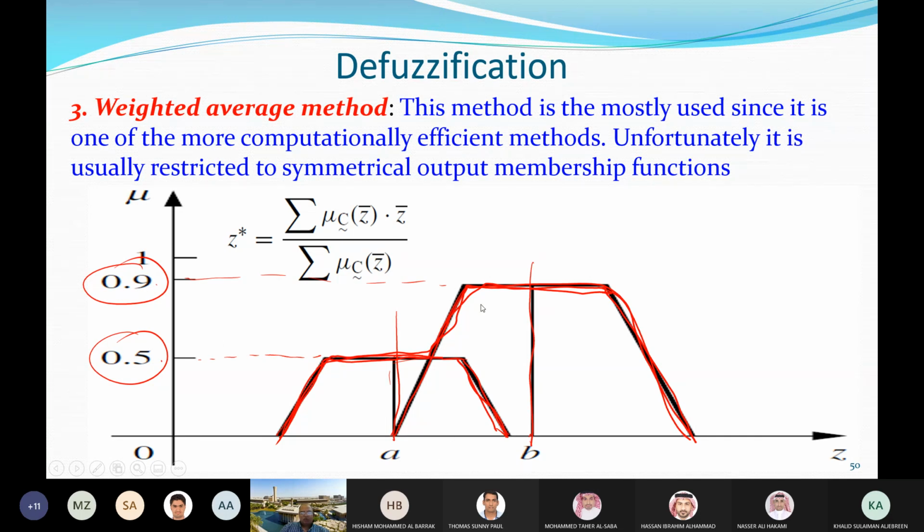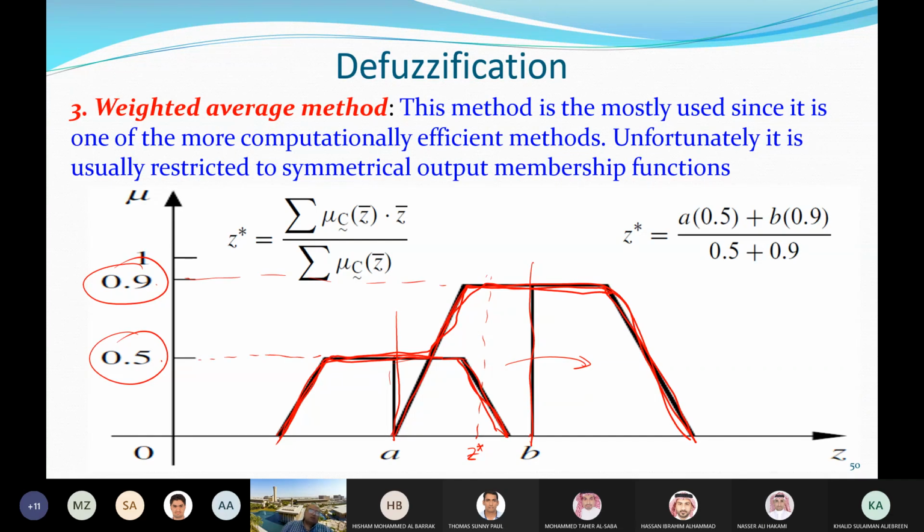The output gives you the weighted average, so you can have Z star, the output of the defuzzification step. Of course, A is known, B is known also, so you can get Z star, the output value. This Z star will be a little bit biased toward the higher or greater area here.